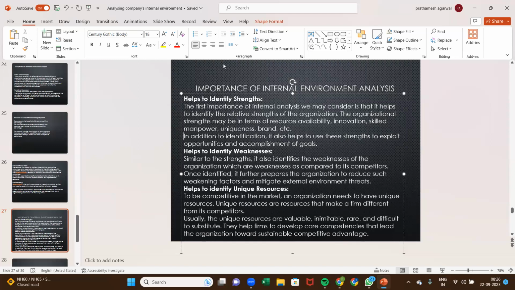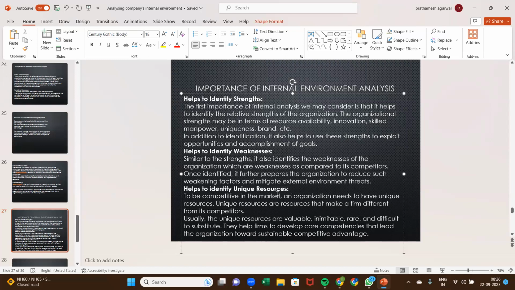So we need to tap our weaknesses because weaknesses can be a deficiency in achieving our goals. So what are we doing? We are identifying the weaknesses of the organization where we are weak compared to the competitors. Once the weaknesses are identified, it further prepares the organization to reduce such weakening factors and mitigate. Mitigate means tackle external environment threats.